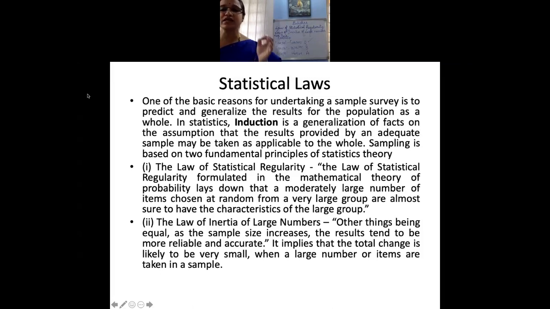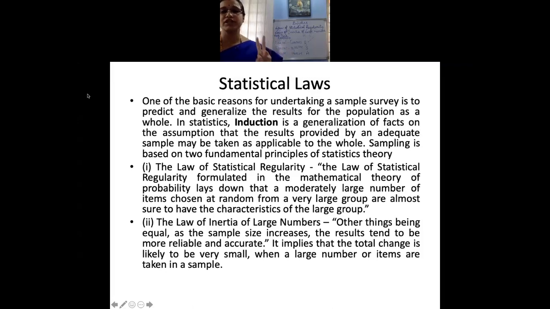The characteristics of the population and the characteristics of the sample that you are taking, more or less the characteristics of the sample will be the characteristics of the population. This is the first law that we have to understand. All our inferences will be based on this.